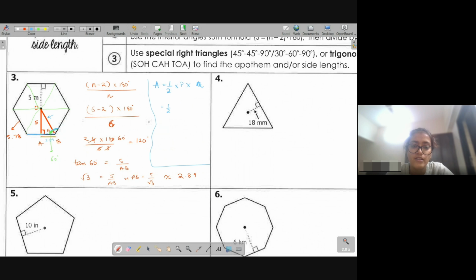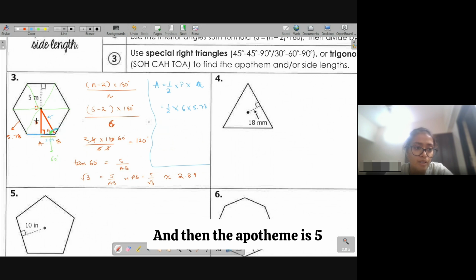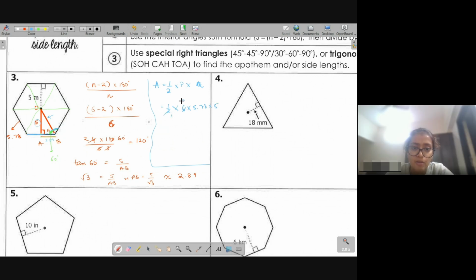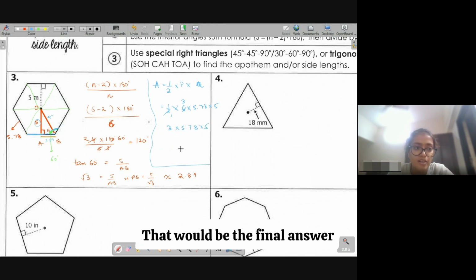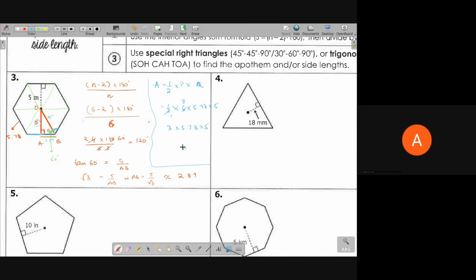Just write 6 times 5.78, because the 6 will get cancelled by the 2. The apothem is 5. So you have 3 times 5.78 times 5, and that would be the final answer, in square meters: 86.7.